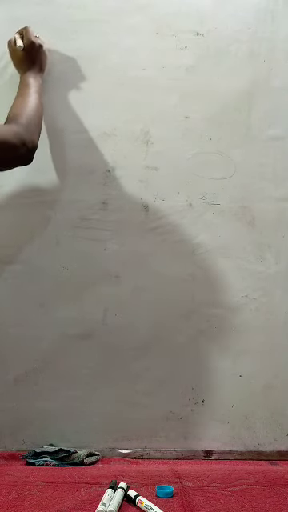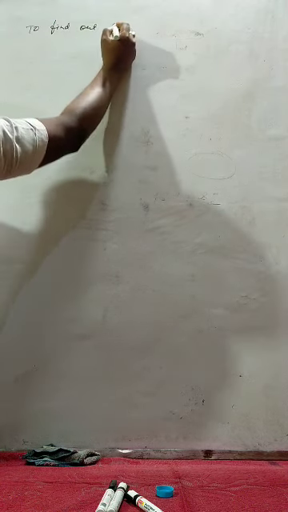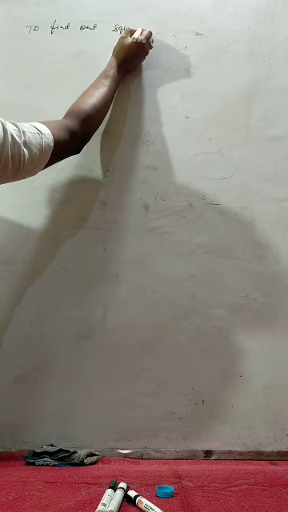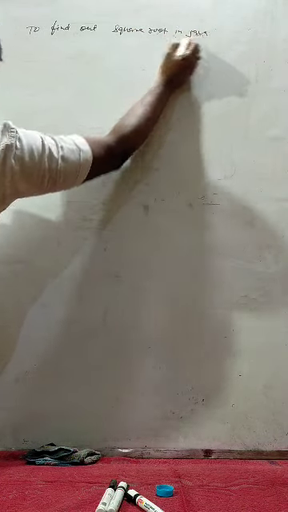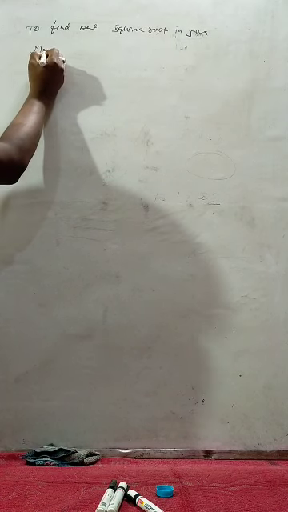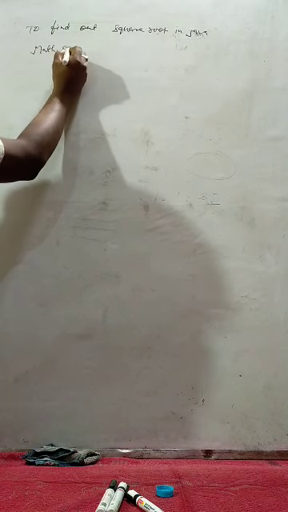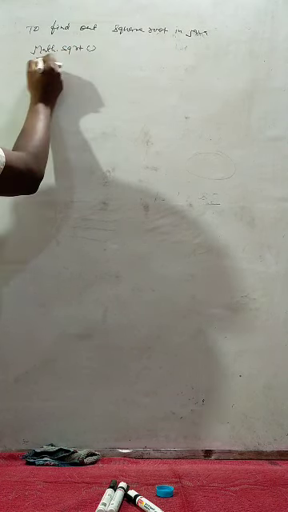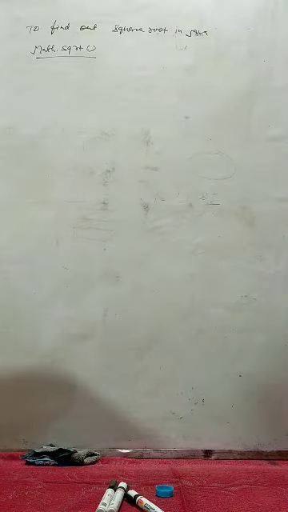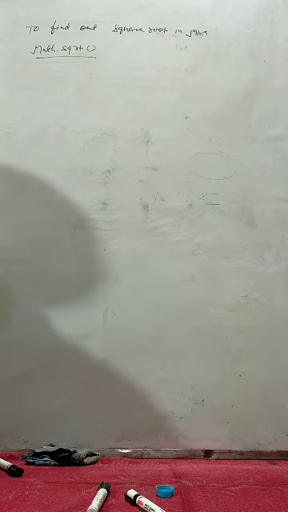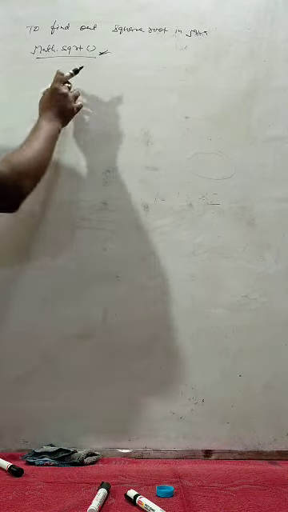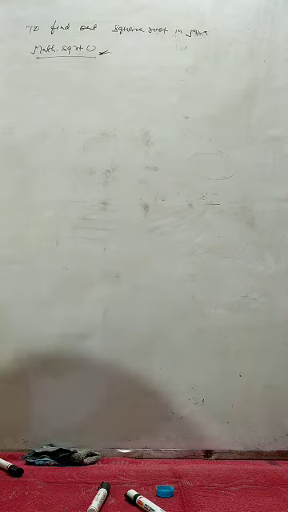Suppose to find the square root in Java, we have a function that is Math.sqrt. Math.sqrt is a function that is used to find the square root of a positive number.